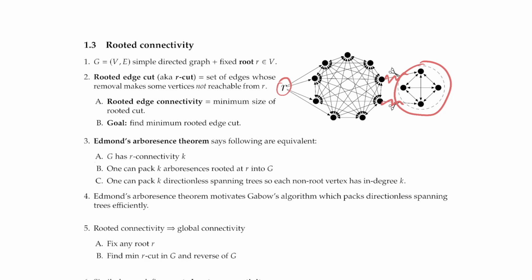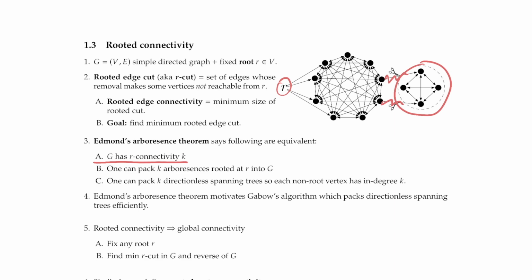A, the graph has rooted connectivity K. B, you can pack K arborescences rooted at R into the graph, so directed spanning trees directed away from R. And it's also equivalent to packing K directionless spanning trees so that every non-root vertex has in-degree exactly K. Edmonds' arborescence theorem actually motivates Gabow's algorithm, which is based on efficiently packing directionless spanning trees into the graph.